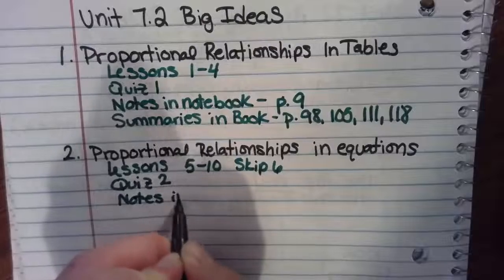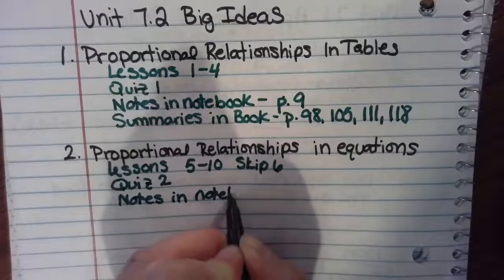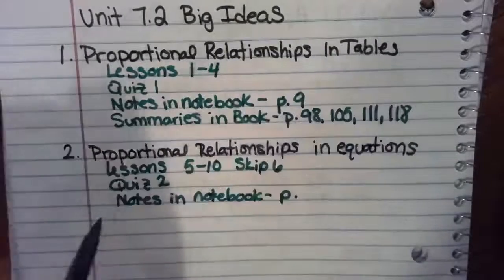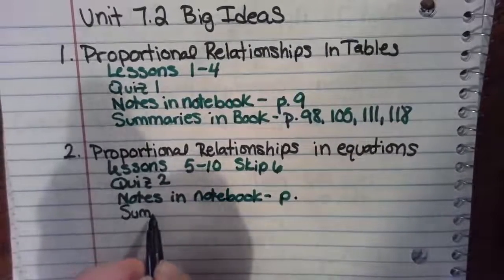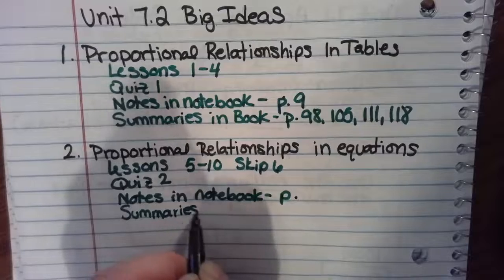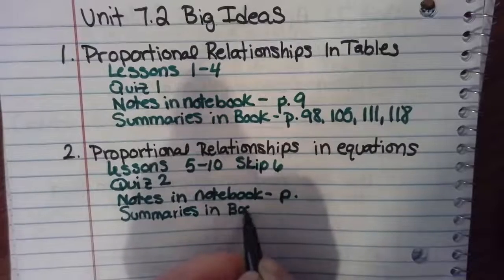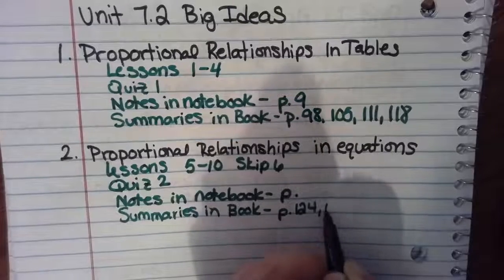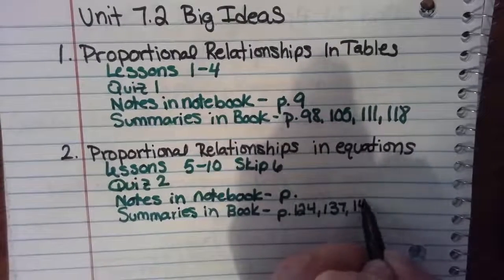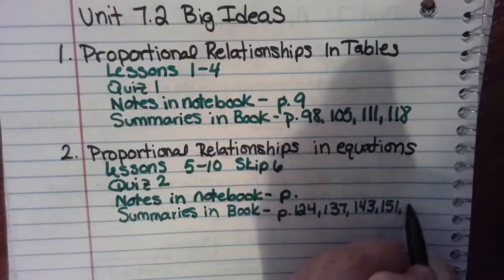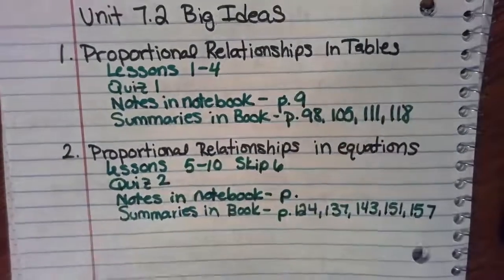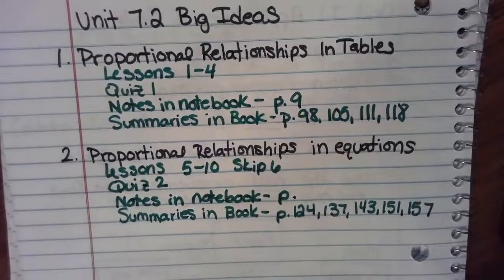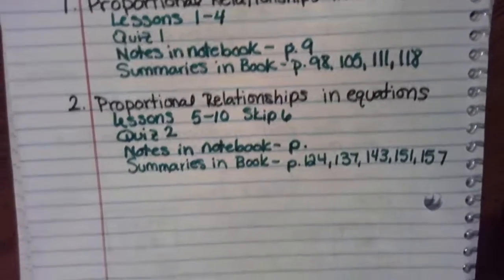Our notes in our notebook, we're not sure what pages those are going to be yet because we have to figure out what pages this ends on. And then our summaries in the book are on pages 124, 137, 143, 151, and 157. So that one's going to cover a few. We're also going to review single-step equations in that big idea.